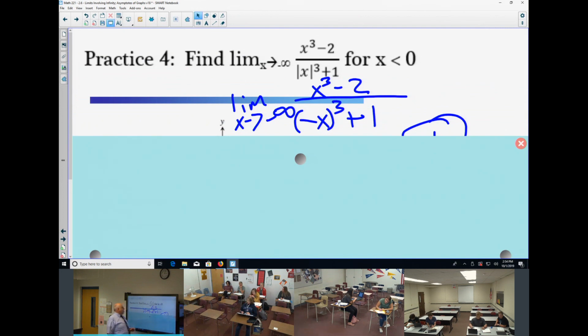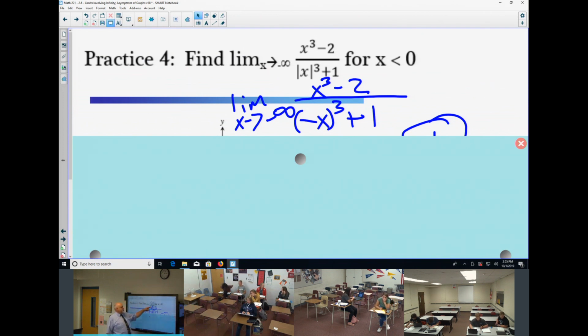Okay? All right, so next, for limits that approach infinity or negative infinity, the shortcut that we talked about is using the ideas from pre-calculus, where a limit as x approaches infinity or negative infinity is like finding the horizontal asymptote. Okay? So to find the horizontal asymptote, we compare the powers.